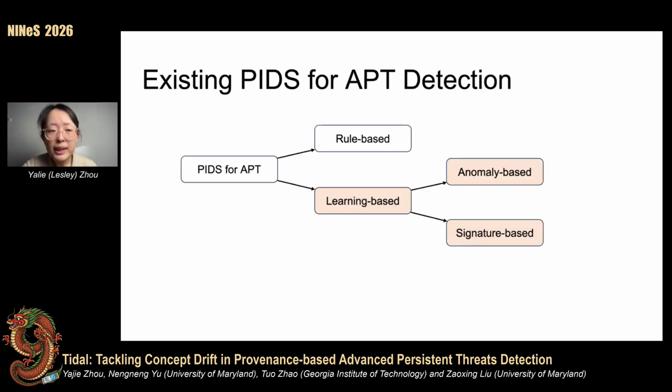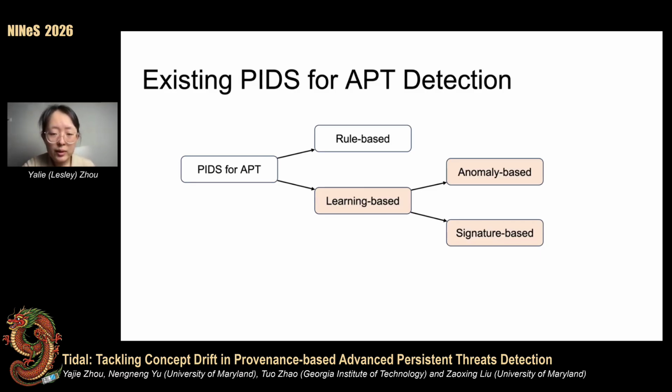With these PIDS systems, APT detection can generally be categorized into rule-based or learning-based methods. Today, we will only focus on the learning-based methods. Within the learning-based methods, at a high level, there are two types. First, anomaly-based, which means your system is trying to capture the normal behavior that happens in the system log, so whatever comes in the future that deviates from normal behavior, we mark as an anomaly.